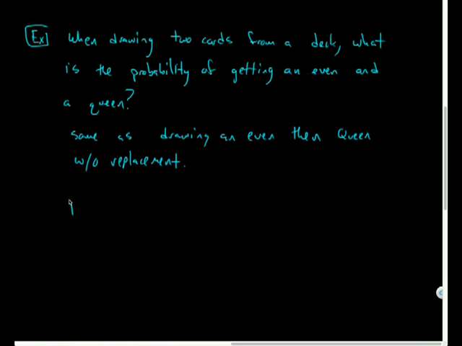So what's the probability of an even? Well, the number of even cards. The evens are 2, 4, 6, 8, and 10, for the numbered cards. So that's a total of 5. 5 times 4 suits is 20. So there are 20 even cards in the deck, 20 out of 52. Both of these are divisible by 4. 4 goes into 20 5 times and into 52 13 times.